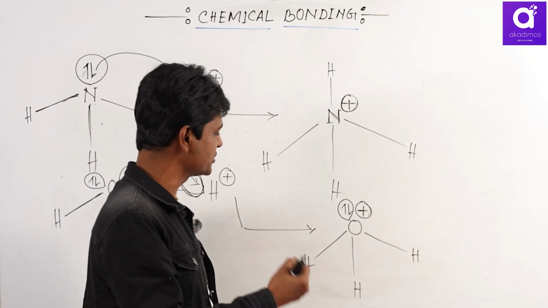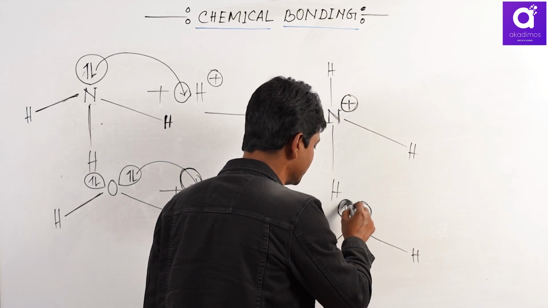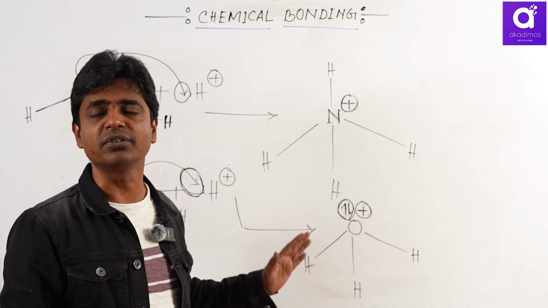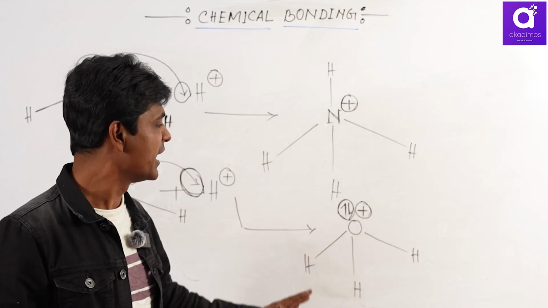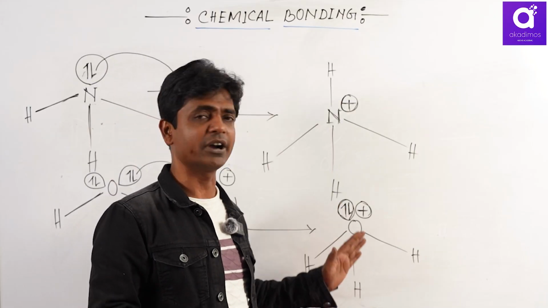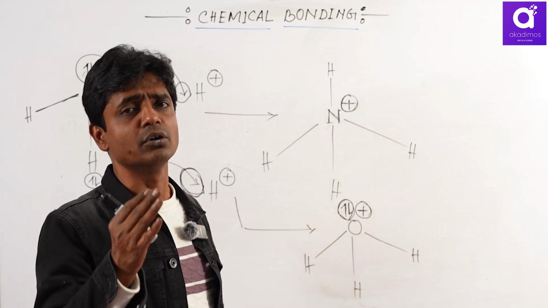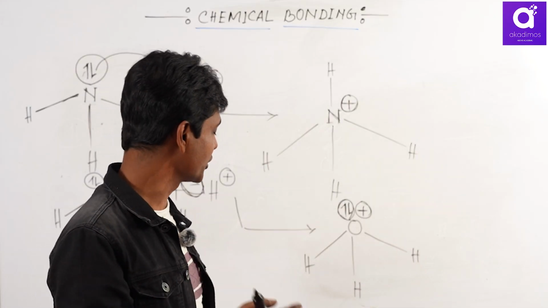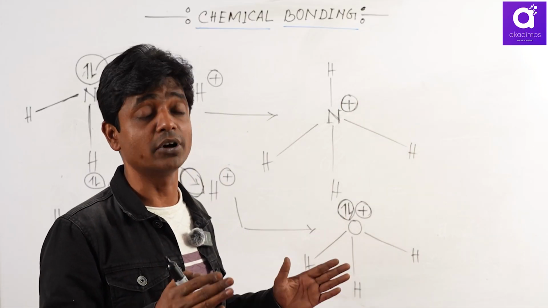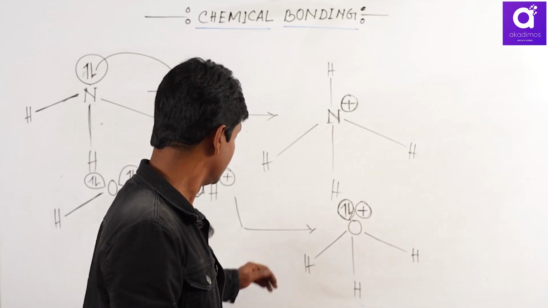And due to being tightly bound by the nucleus of O plus, this lone pair is highly inert. Never will it form any kind of bond apart from a hydrogen bond. Since you know when it forms a hydrogen bond, 100% contribution is not required. That's why this lone pair can form only a hydrogen bond. Never will it form any sigma bond.